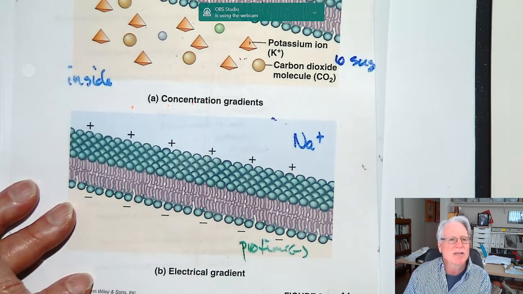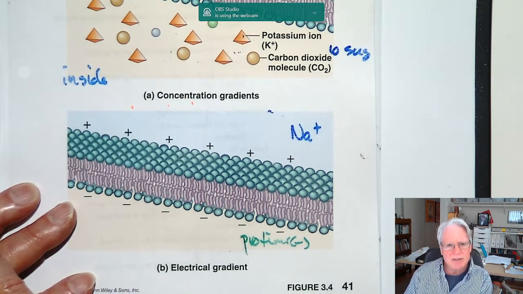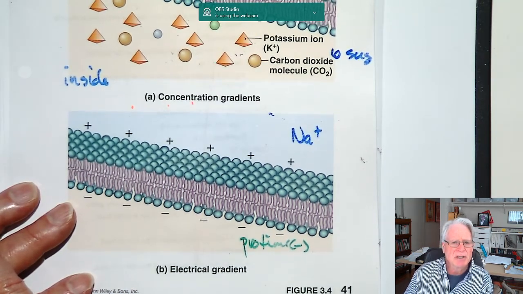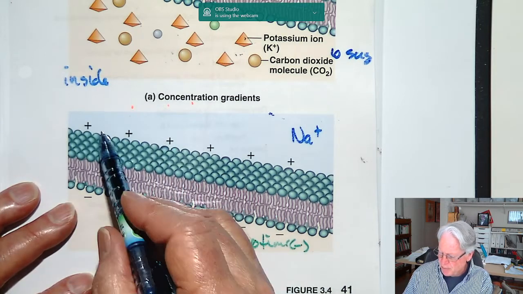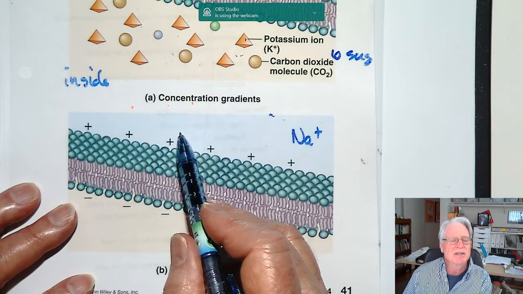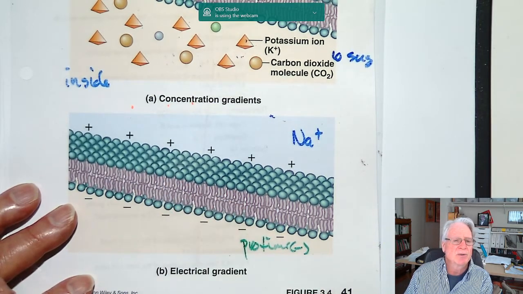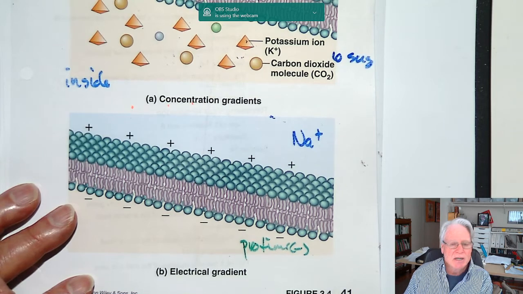And by the way, you can literally measure that difference in charges. They have little meters that they have designed and built, and you can get a little probe and put it on the inside, and then the other probe is on the outside. You can measure the difference in electrical current or electrical potential across that membrane.